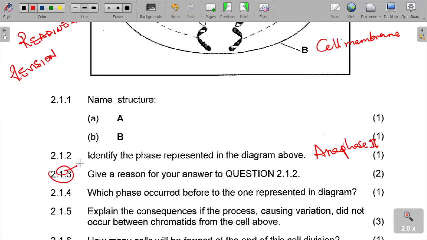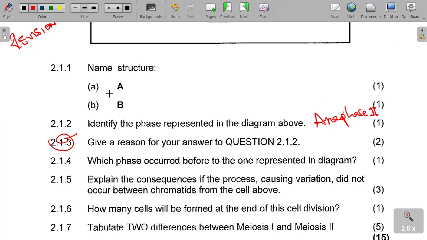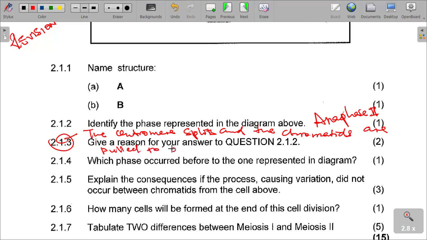It is because the centromere splits, as we can see there, and also the chromatids are pulled to opposite poles.